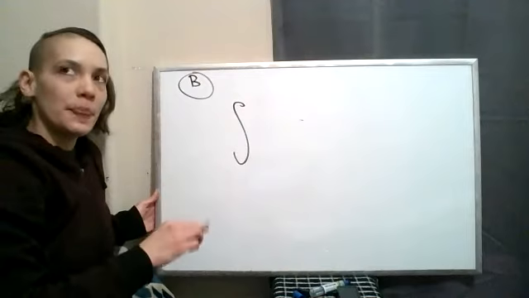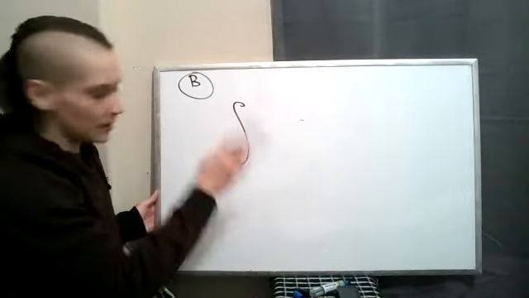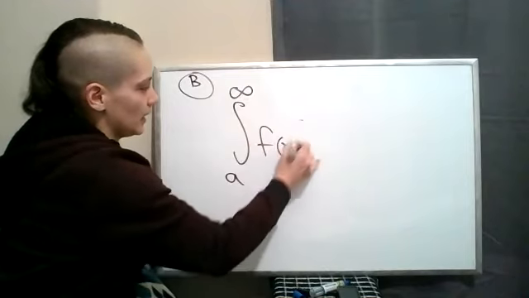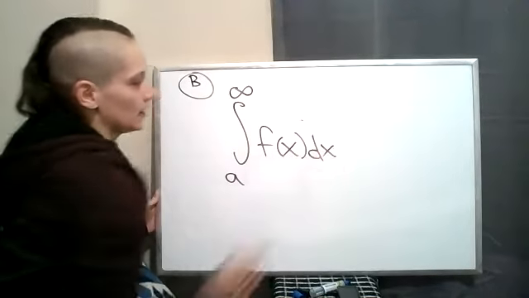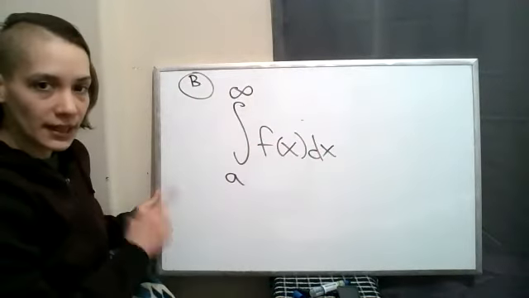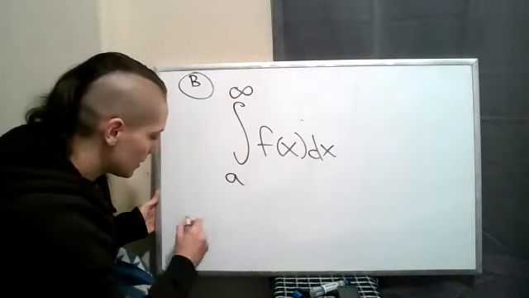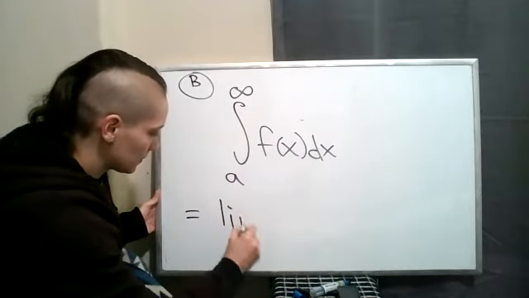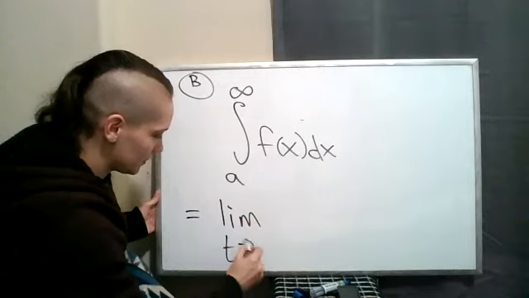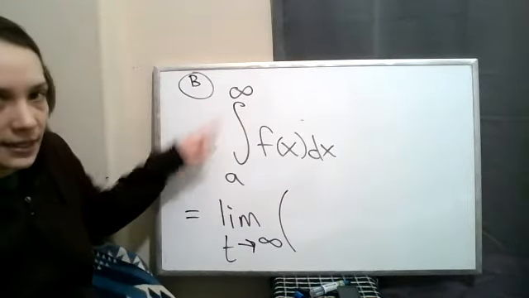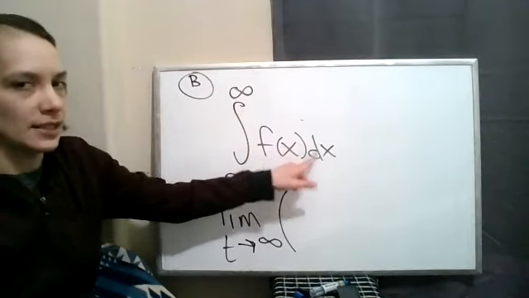Go from a to infinity of f of x dx. This equals the limit as t goes to infinity of the integral from a to t of f of x dx.